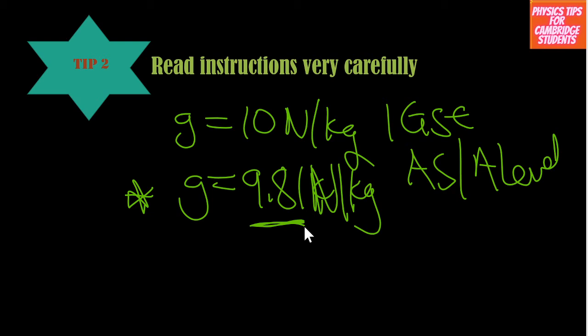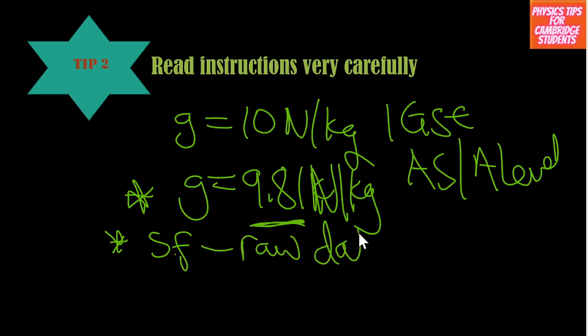Now, while on this one again, I'm going to talk about the law of SF, significant figures. Please make sure that you read the question thoroughly, paying attention to the number of significant figures that are given in the raw data. This is very, very important for both AS and A-level physics candidates.